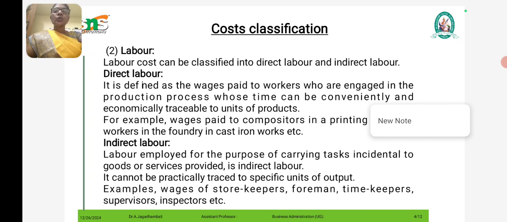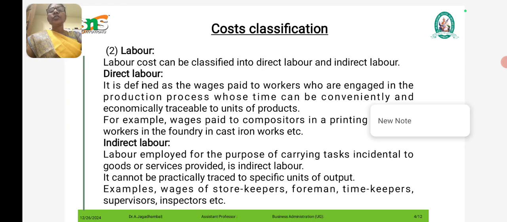Next is indirect labor. Indirect labor is for carrying out tasks incidental to goods and services, and it cannot be practically traced to specific units of output. Examples: wages of storekeeper, foreman, timekeepers, supervisors, inspectors.